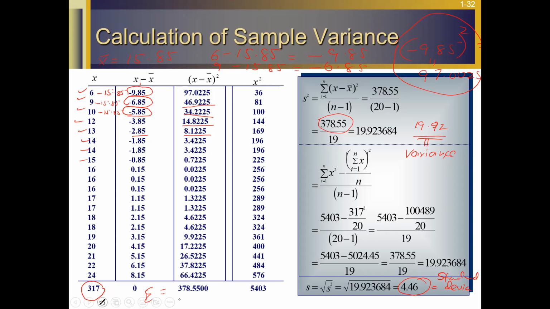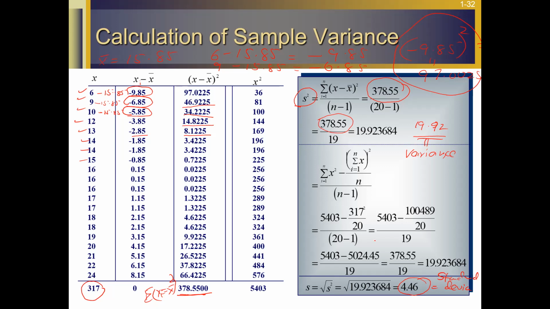And finally, sigma of xi minus x bar squared is 378.55, divided by 20 minus 1. So finally, we find the variance as 19.92.